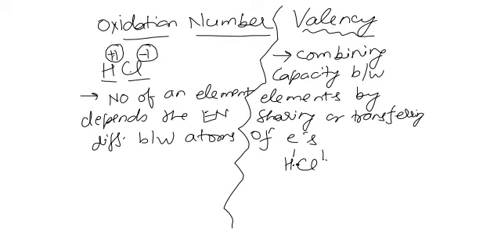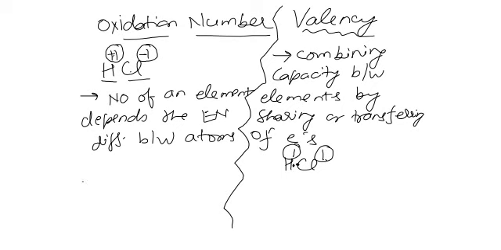So these are called valency, but these are not called oxidation number. Oxidation number is the charge, while valency does not carry any charge.